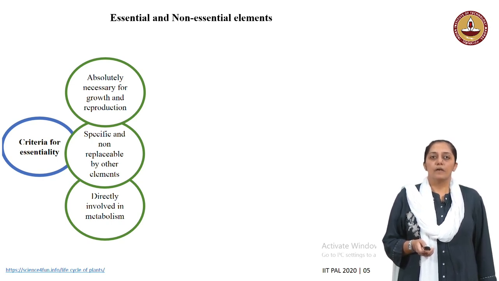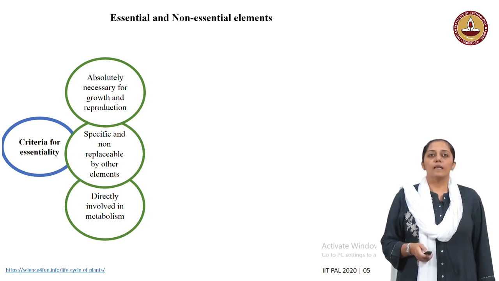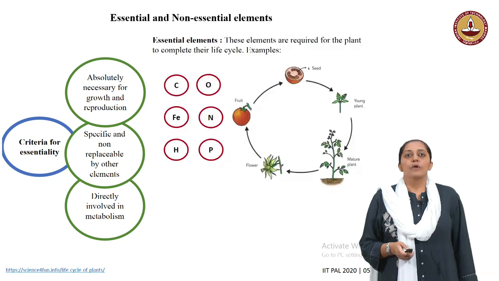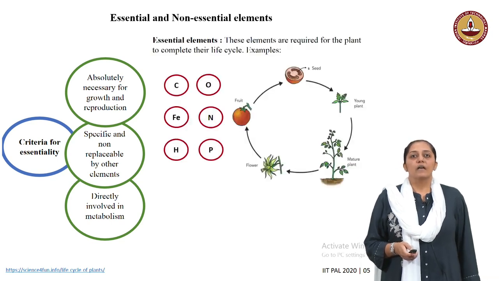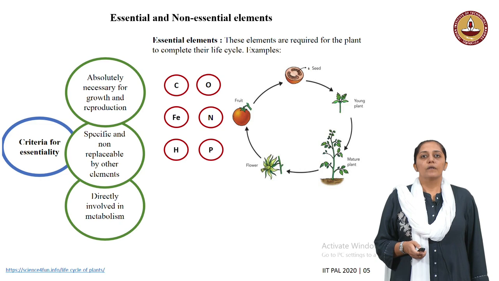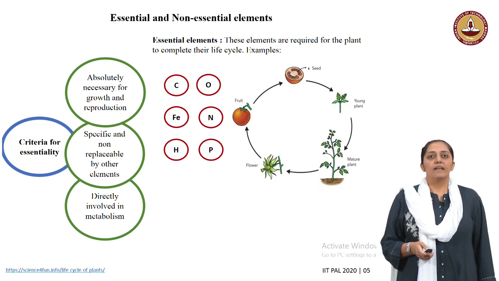They are specific and non-replaceable by other elements, and they are directly involved in plant metabolism. So, the essential elements are required for the plant to complete its life cycle.